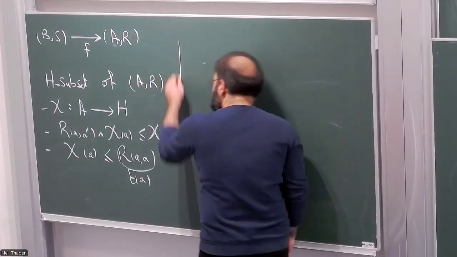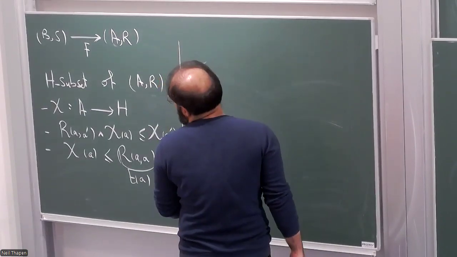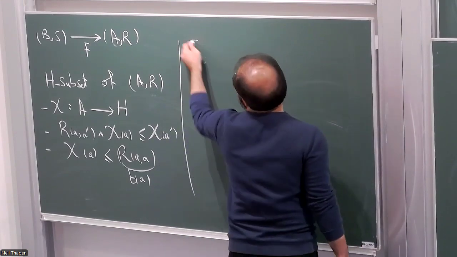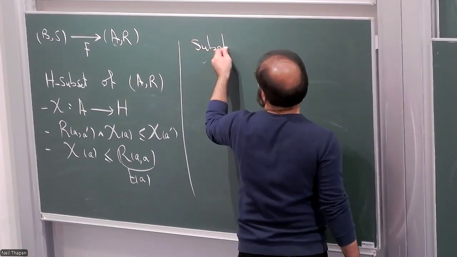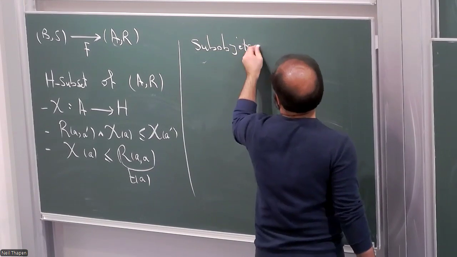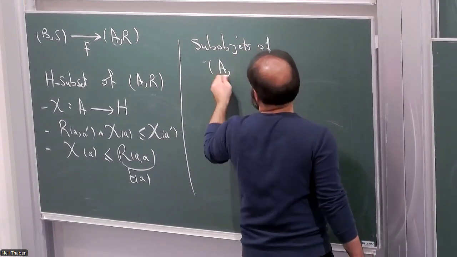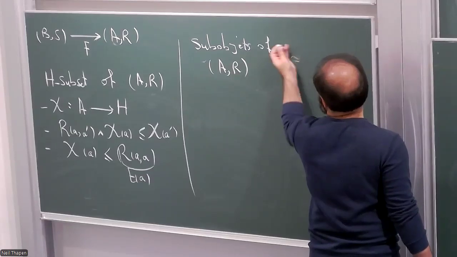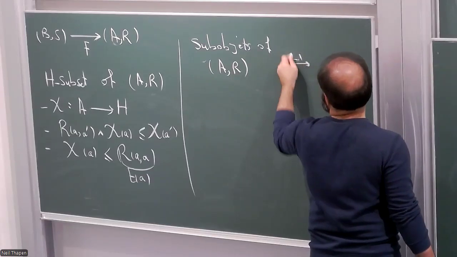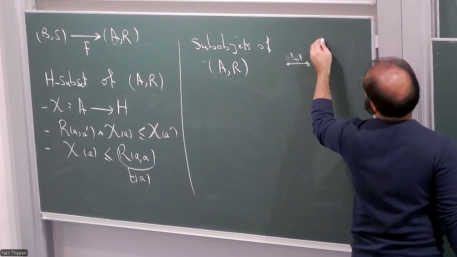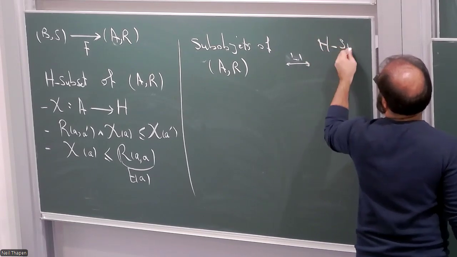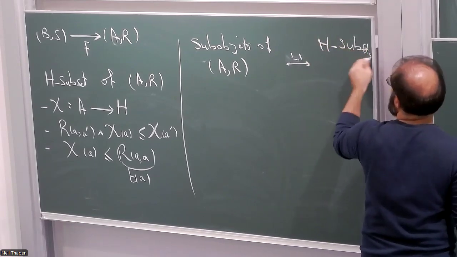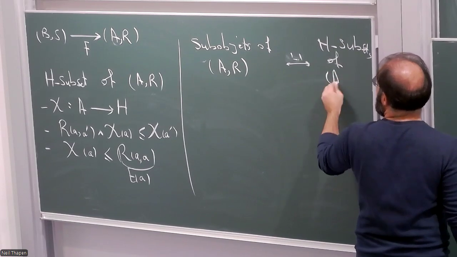The good news is that there is a one-to-one correspondence between subobjects of this object and H-subsets of (A,R).